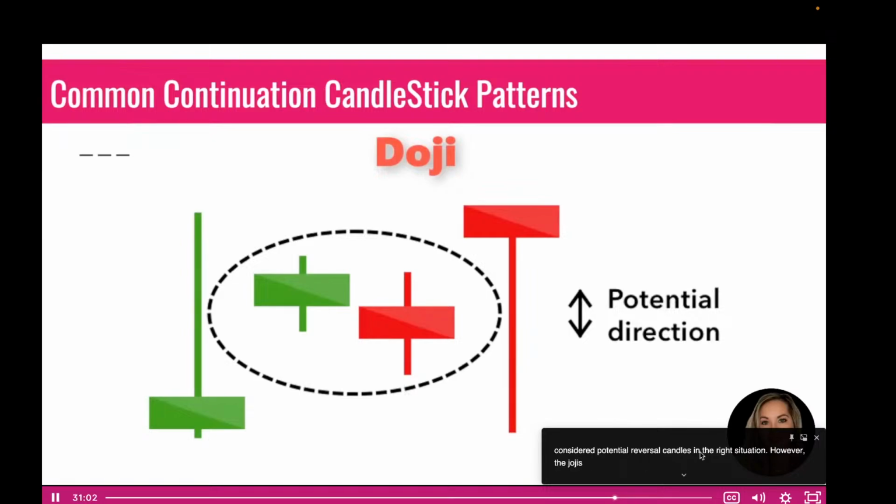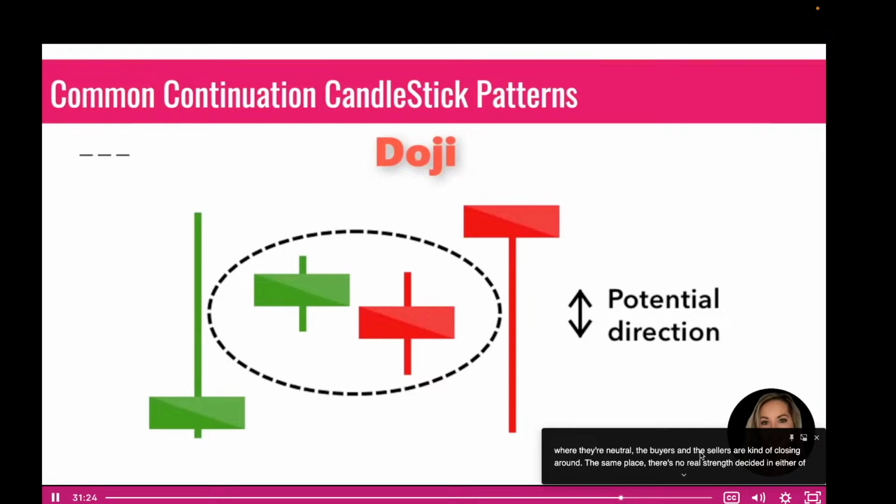However, the dojis that are in the middle, where you have more of a cross-like figure, with similar wicks on each end and the bodies are small and they are in the middle, those would be considered continuation, where they're neutral. The buyers and the sellers are closing around the same place. There's no real strength decided in either of these candles.